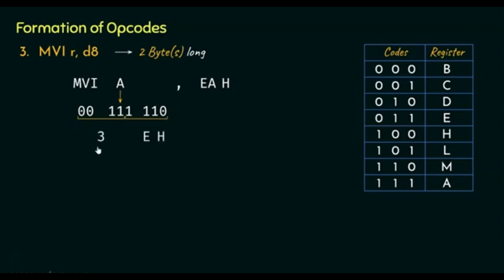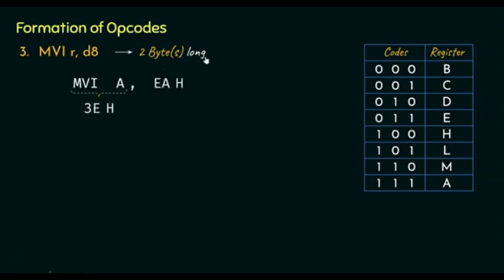So the opcode for MVI A part is 3EH, and since it is 2 bytes long, and as you can see, we are providing the data of 8 bits along with the instruction itself, that gives the accumulation of 16 bits. So 8 bits for the mnemonic and 8 bits of data.